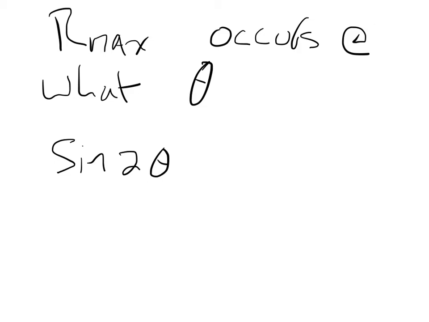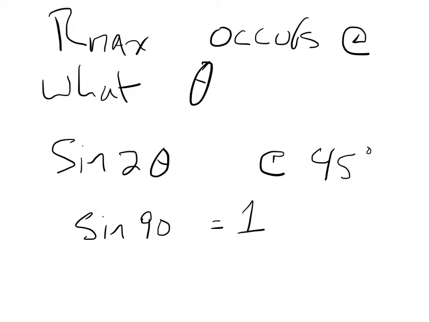If it had sine 2 theta, then theta at 45 makes the sine of 90, right? So at 45 degrees, this is sine of 90, which is 1, the maximum of the function. Okay? So at that point, this thing is just v naught squared over g.